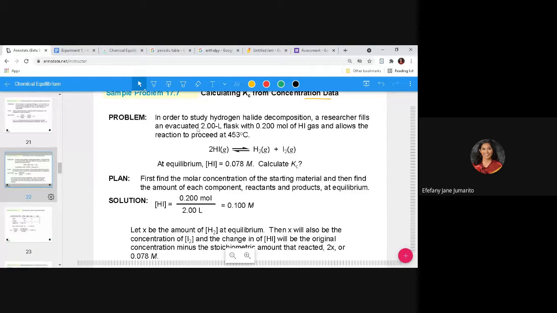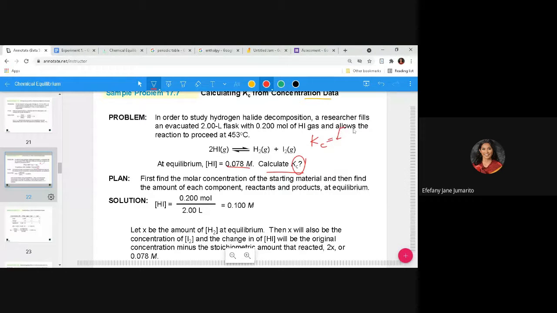So at equilibrium, HI is equal to 0.078 molar. Then calculate Kc. What is Kc? Again, what is Kc, class? Using this equation, express Kc.